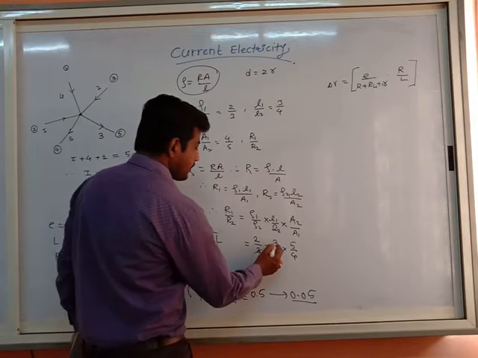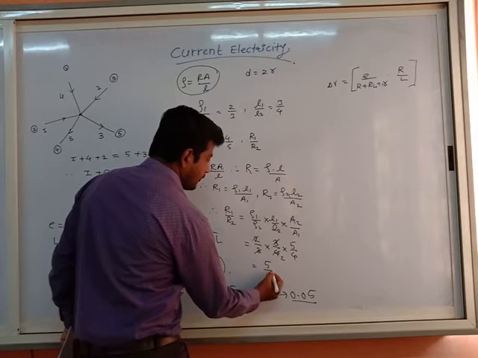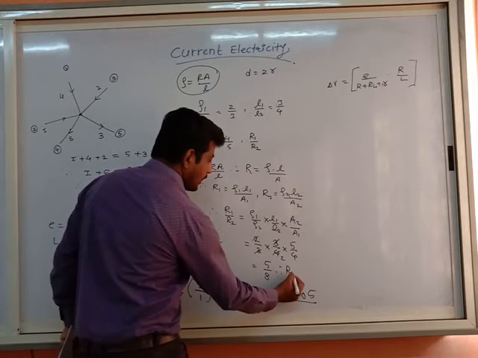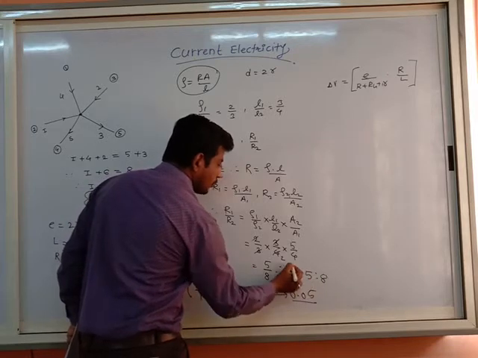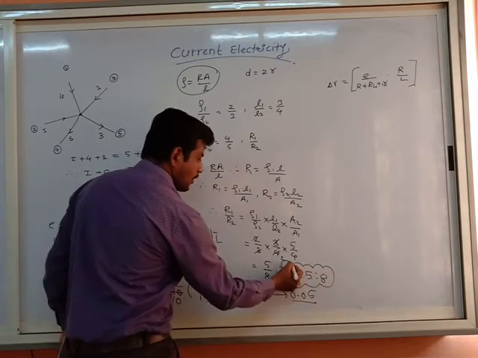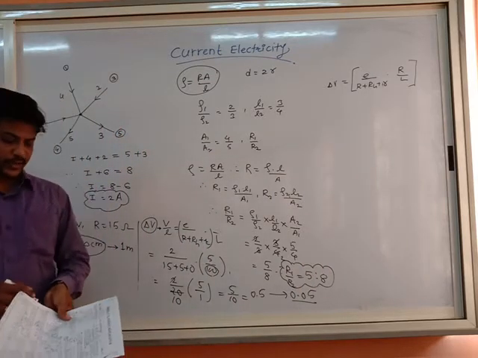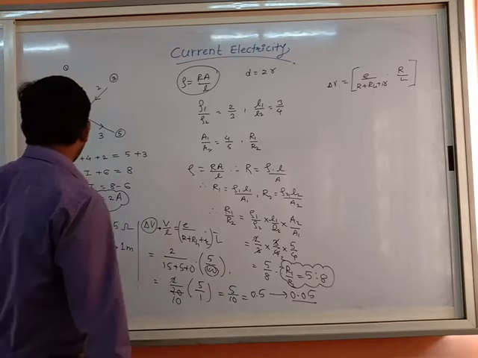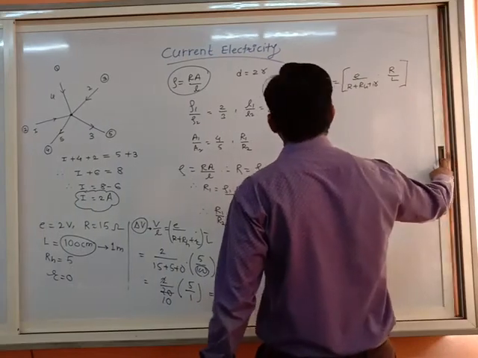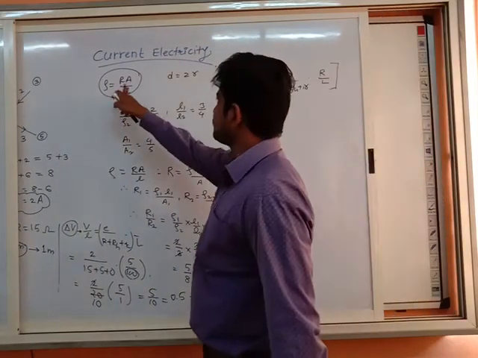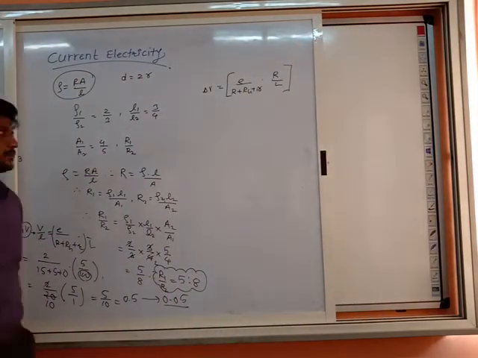Okay, so it is 5 by 8, therefore R1 by R2 is equal to 5/8. So option B is correct. The ratio of their resistances is 5/8. But you have to keep in mind the formula, resistivity rho is equal to RA by L. ठीक है. So next MCQ.